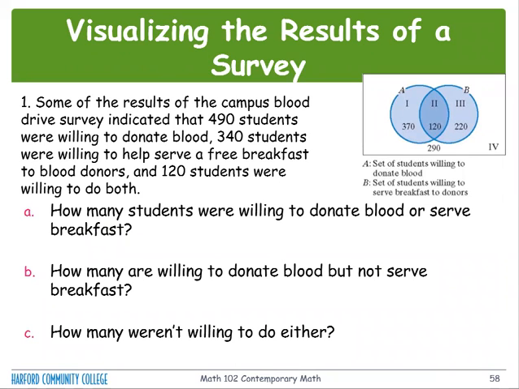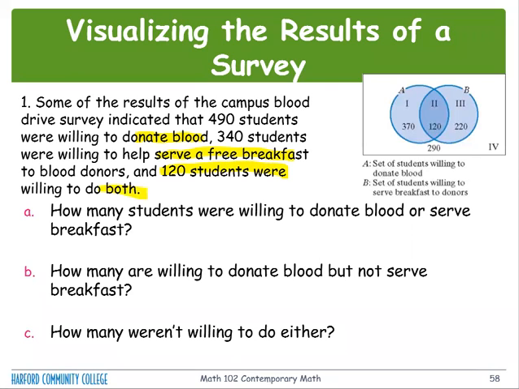Example 1. Some of the results of the campus blood drive survey indicated that 490 students were willing to donate blood, 340 students were willing to help serve a free breakfast to the blood donors, and 120 students were willing to do both.